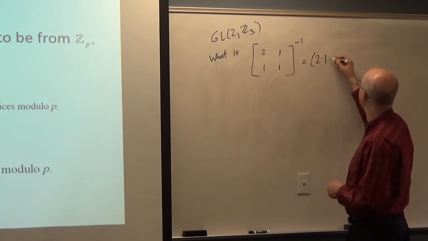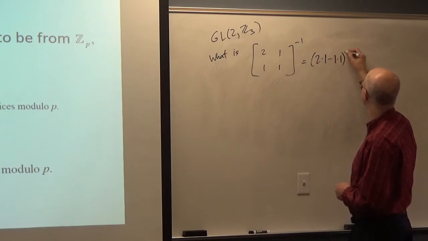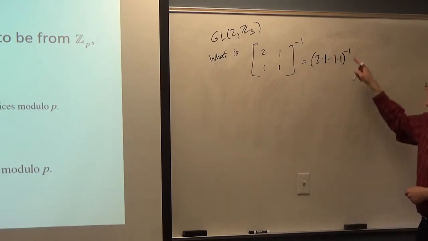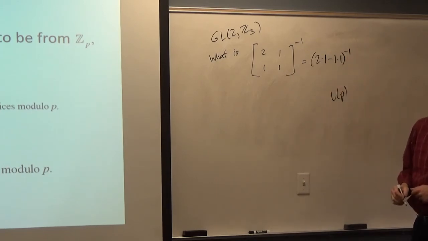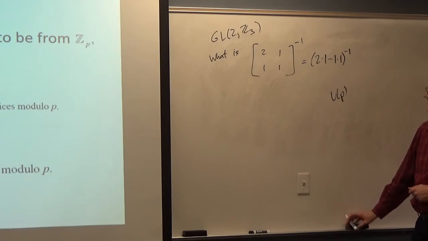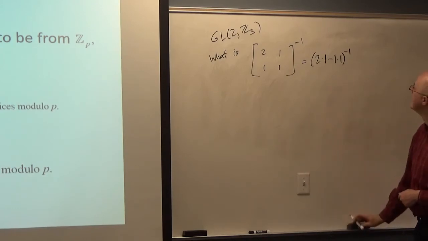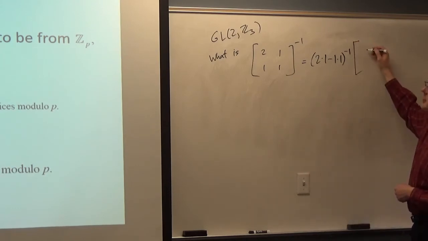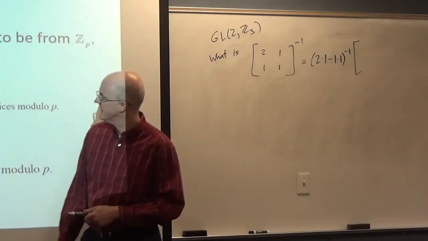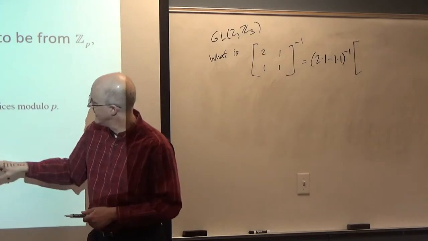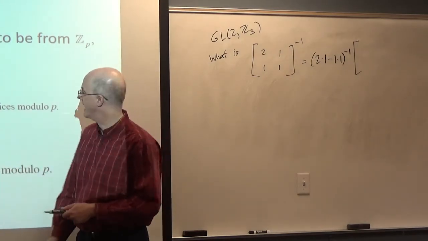And if I use that formula for the inverse, I can write it like this. This inverse, by the way, is the inverse with respect really to ZP. Multiplication, a multiplicative inverse. You switch around the main diagonal elements, the A and D get switched around, and you negate the off-diagonal elements.